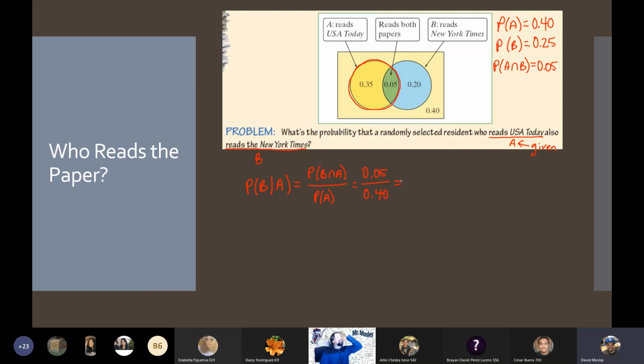And we end up with 1/8, which would be 0.125. Or if we want to write it as a percent, 12.5%. What questions do you have? What can I clarify?